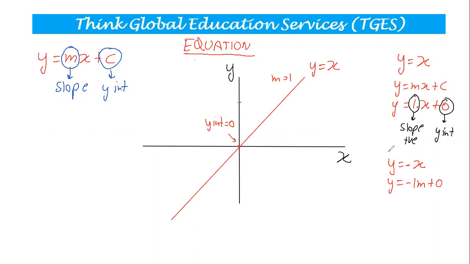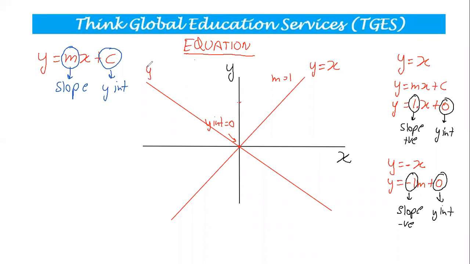That's how I will express this into the standard form. And if I look at the slope of this line, the slope is negative 1. And I already told you if the slope is negative, the line will definitely be descending. And the y-intercept is again 0. So it's a descending line hitting the y-axis at 0. So something like this.